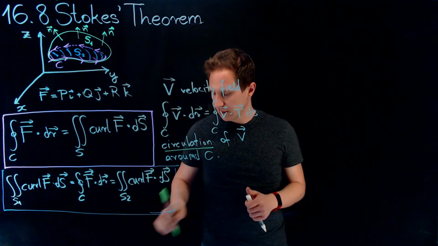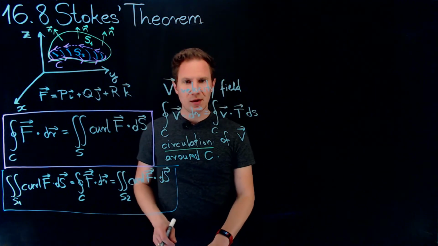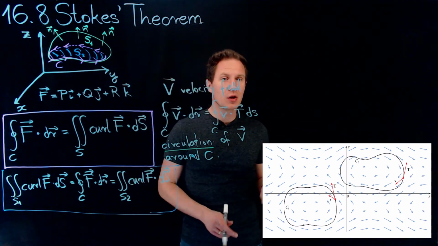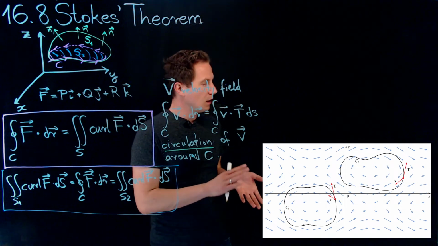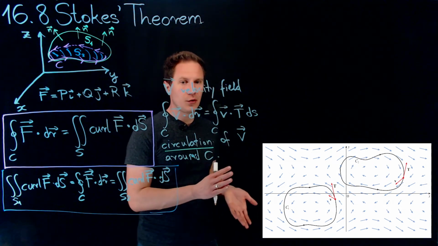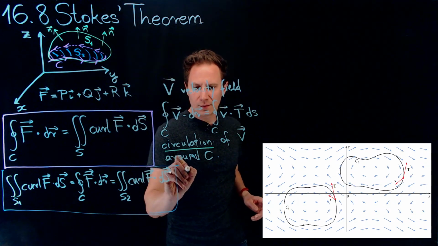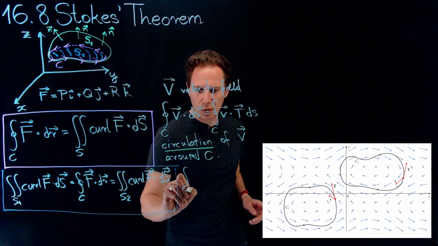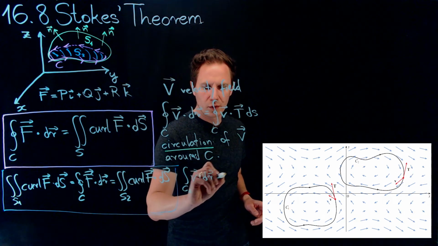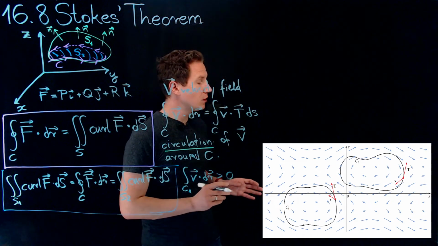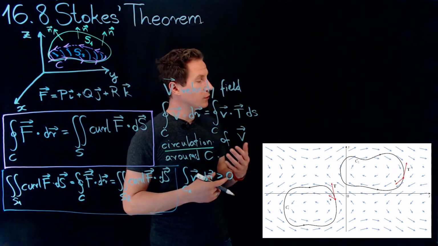So this is a different way of looking at line integrals. And in fact, let me show you two images. An image where we can see two closed curves sitting in the xy plane with a vector field also in the xy plane. And you can see that for the first curve C1, this circulation is positive, because you can see how the unit tangent vector is generally pointing in the same direction as the vectors in that vector field.